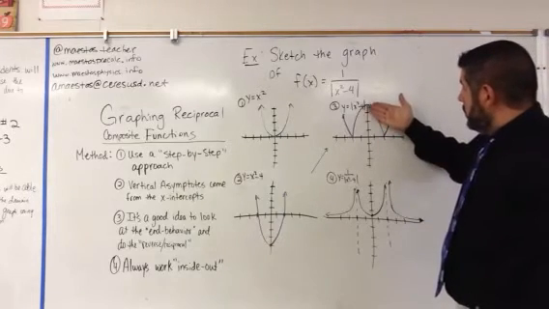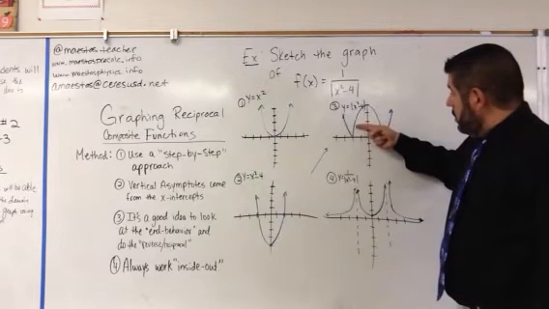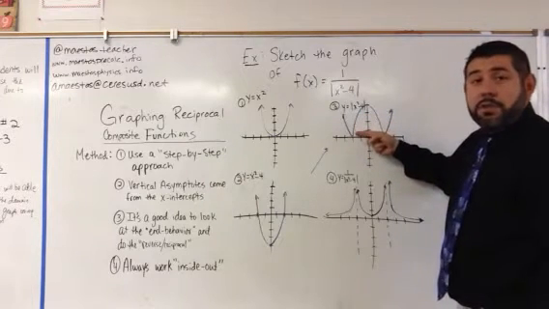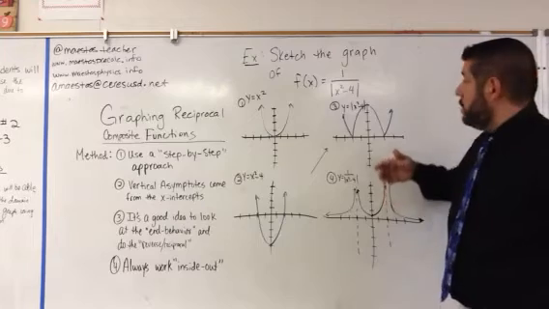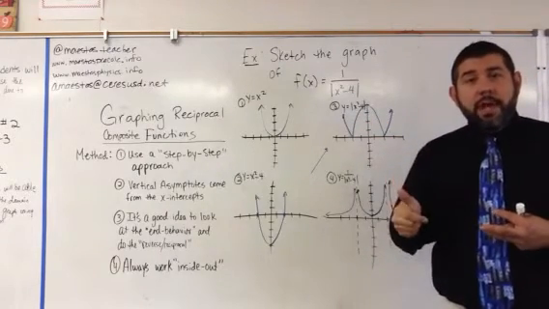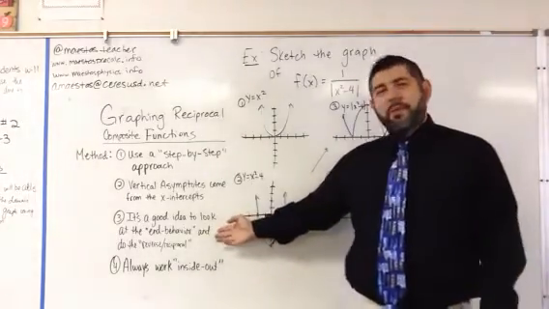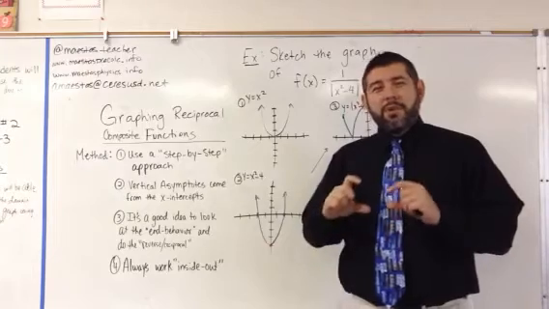And you can think of it also as we approach 2, these numbers are getting closer and closer to 0. The y values are getting closer and closer to 0. If the y values were getting closer to 0 and we do the reciprocal of that, we're actually going to infinity.